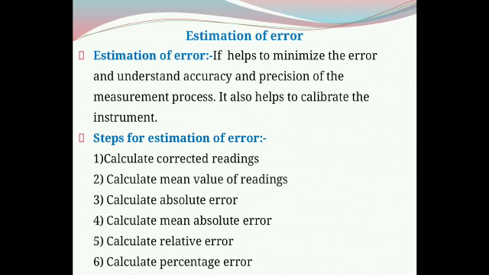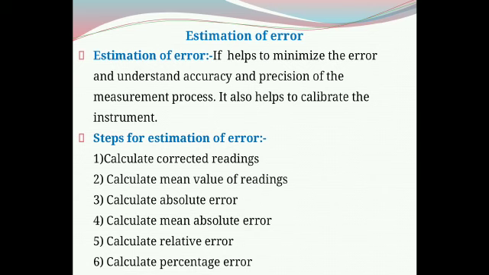And there are some methods to minimize the errors. It's called estimation of error. As we know, errors cannot be completely eliminated but can be reduced or minimized. An estimation of errors helps to minimize the error and also to understand accuracy and precision of the measurement process.